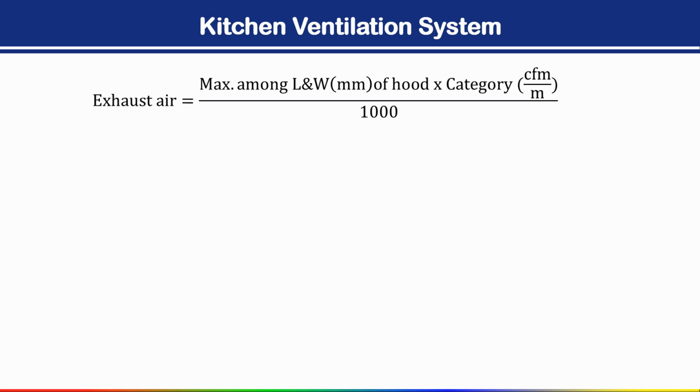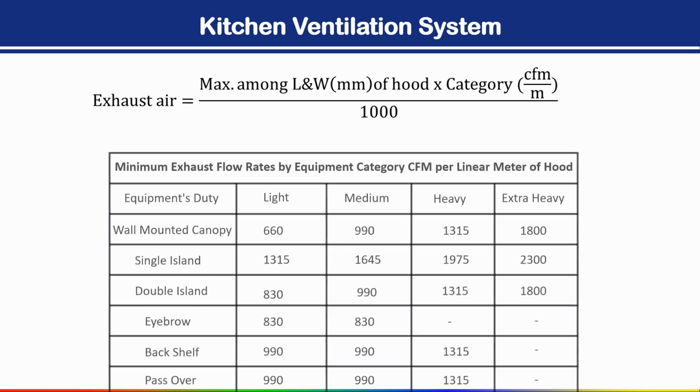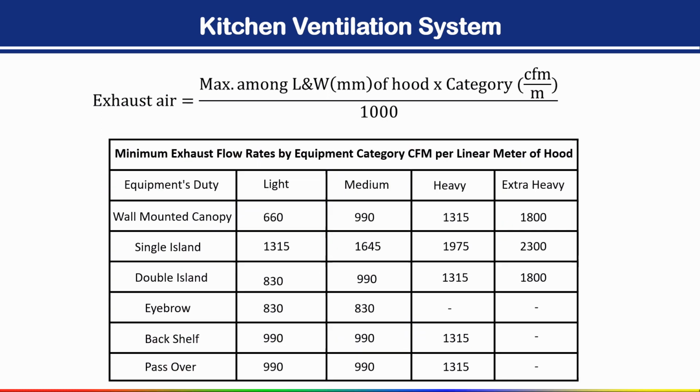First of all you have to calculate the hood length and width, then check whichever is greater, and that maximum value you have to enter here. The category value you will get from this table. Category means the minimum exhaust flow rate value in CFM per linear meter of hood.